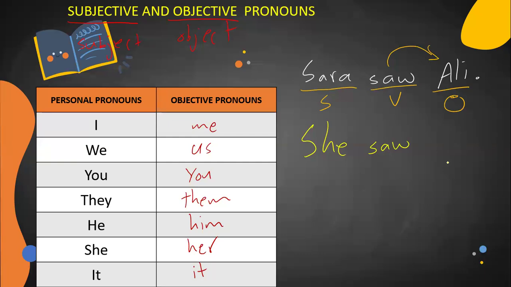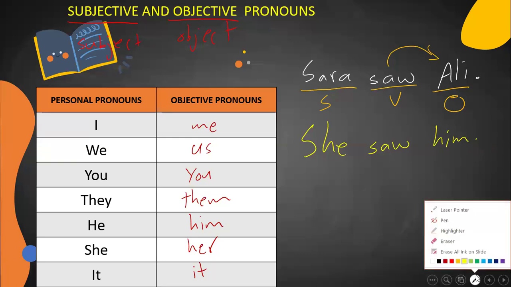So let's complete our sentence here. She saw him. We cannot say she saw he. She saw him.